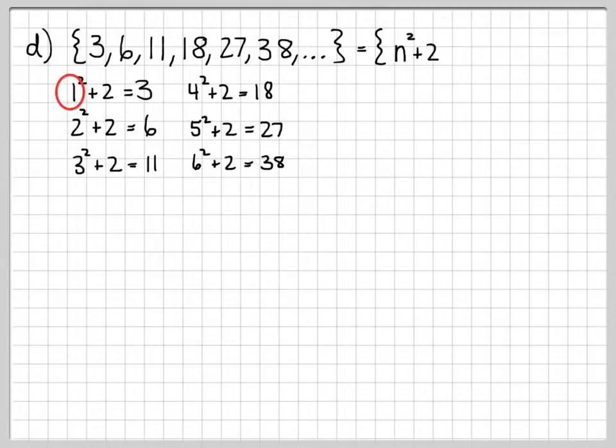The smallest element we used was the element 1. So we probably need to use the natural numbers, but we don't want to use 0. So the way we can indicate that here is we can say our set consists of all the elements of the form n squared plus 2 such that n is in the natural numbers except for the point 0. So we've used our set difference to say take the natural numbers but remove the point 0 from it.